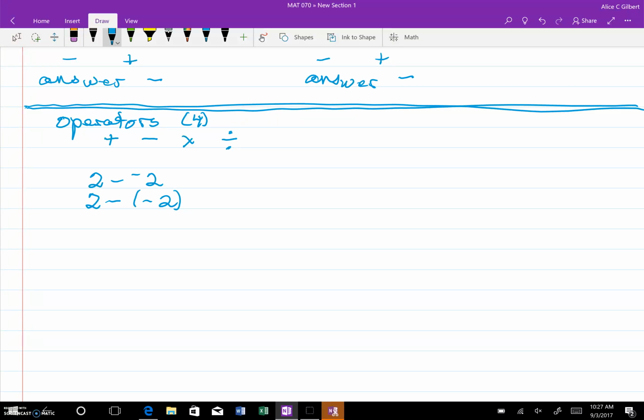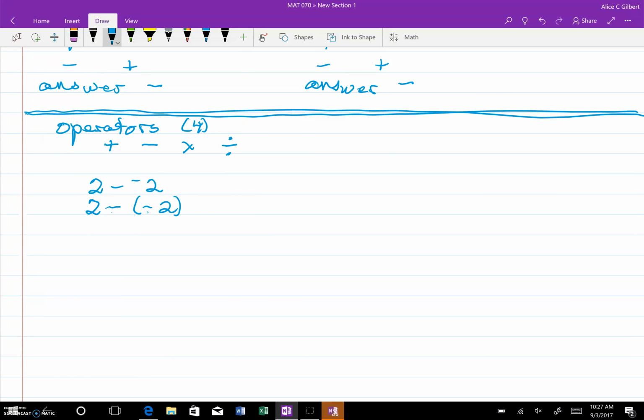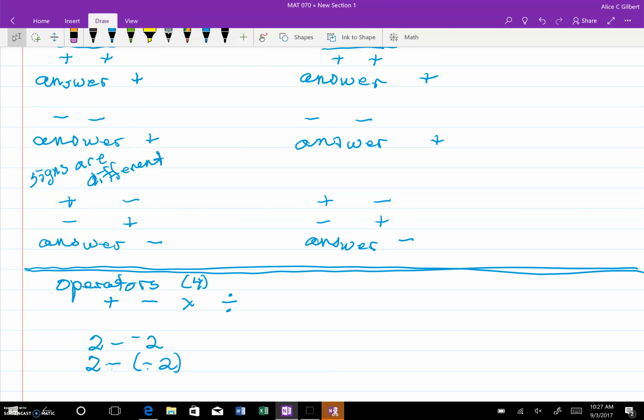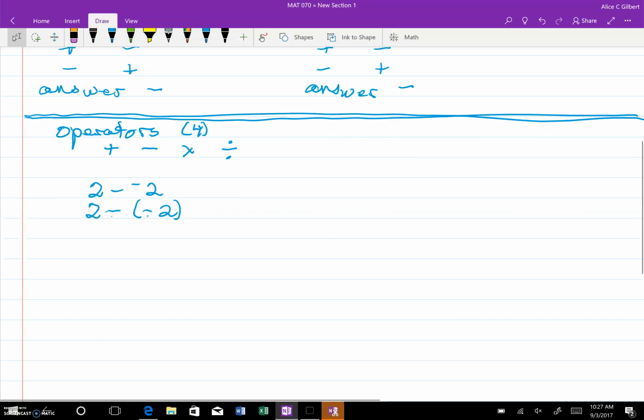You need to think of that as an invisible one in math. So a negative times a negative is a positive. We just learned that up here. If you've got 2 signs that are the same, your answer is always positive when multiplying. So then we would rewrite this like this, and now we can apply our rules that I'm going to teach you now.